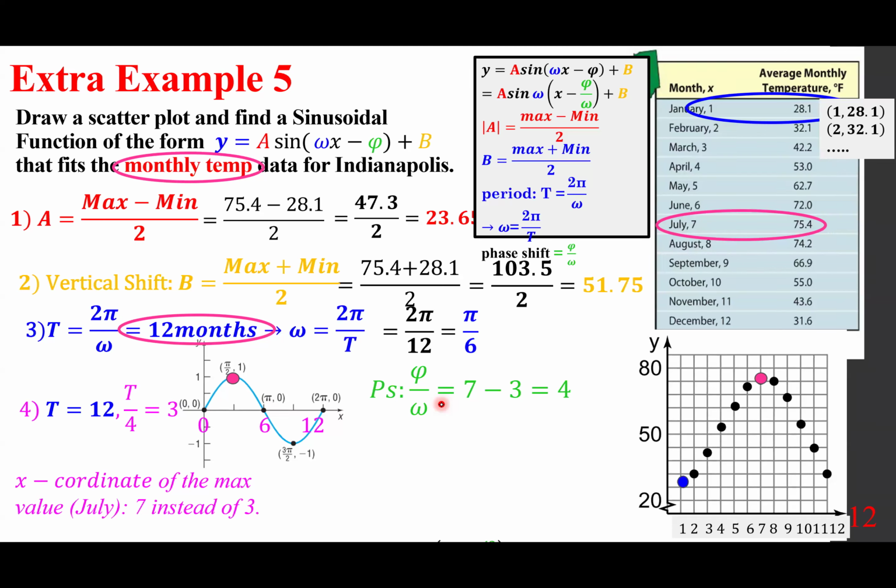So we're going to plug in A sine omega parentheses x minus phi over omega plus b. And we're going to replace the A with 23.65, omega with pi over 6, phi over omega with 4, and b with 51.75.